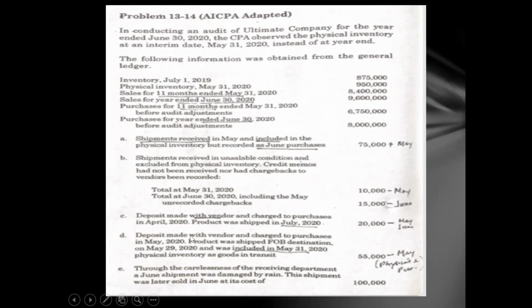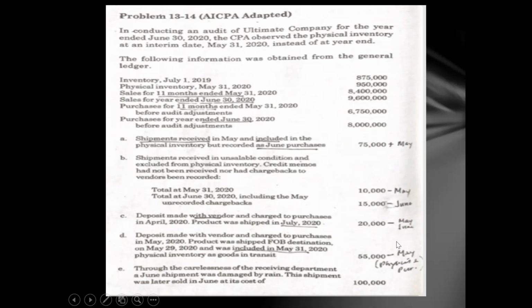Since the company here is the buyer and the goods were only shipped May 29, as of May 31 the goods are still not received. So it's not proper for the company to record it, because they have not yet received the goods. While they are still in transit, they are still the property or the obligation of the seller. That's why you are going to deduct from May.